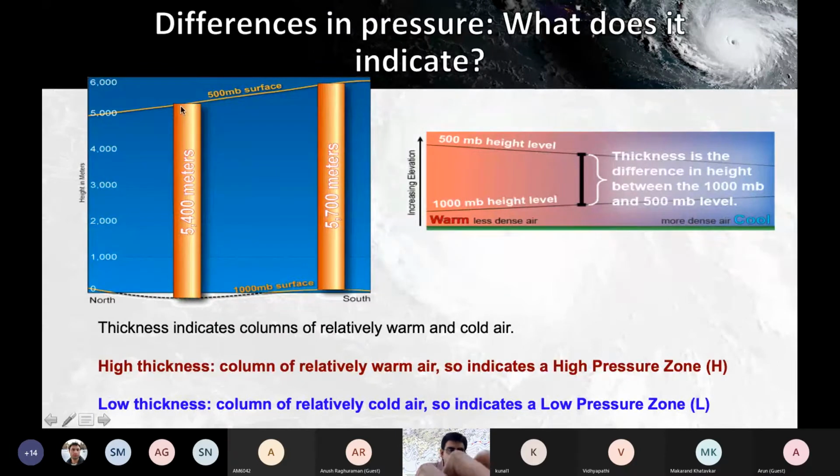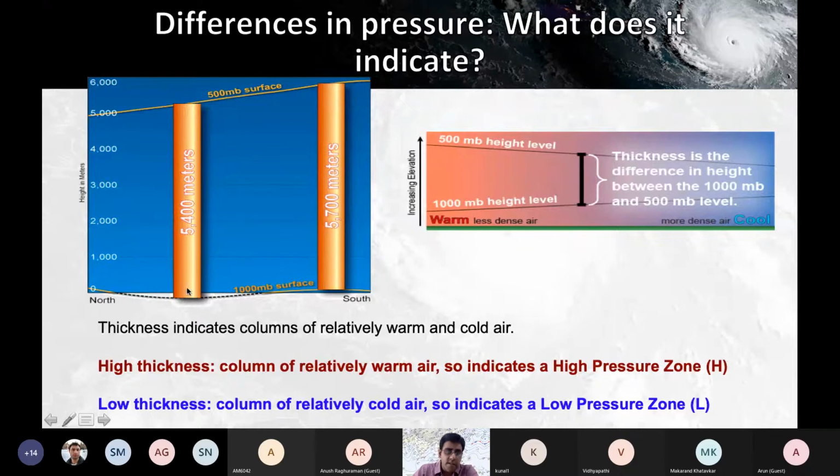What you will actually see is some places the height is smaller and some places the height is higher. Lower height means colder air, higher height means warmer air, and that automatically means that this is a low pressure system and this is a high pressure system on the surface.